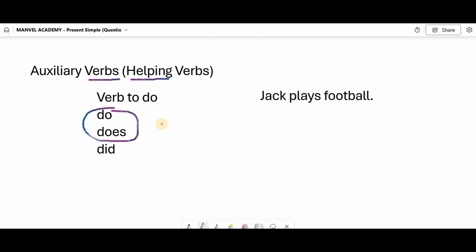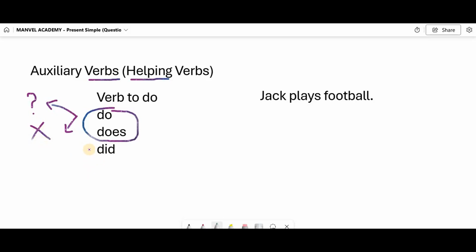Before we go deeper, what do I use this auxiliary verb for? Actually, auxiliary verbs are useful for two things. First of all, to form a question, and to form a negative. Meaning you can never form a question or a negative without an auxiliary verb.